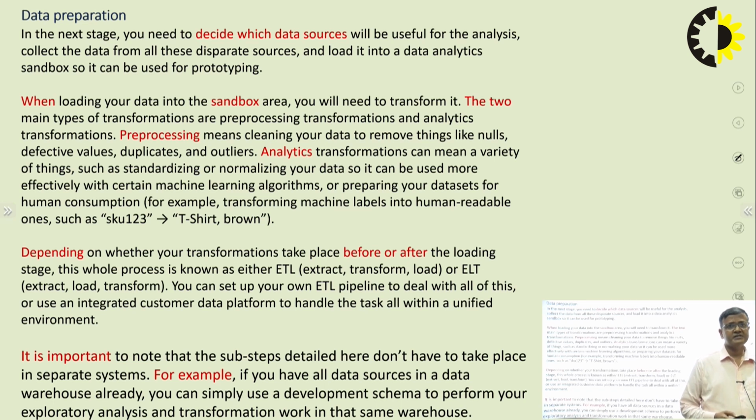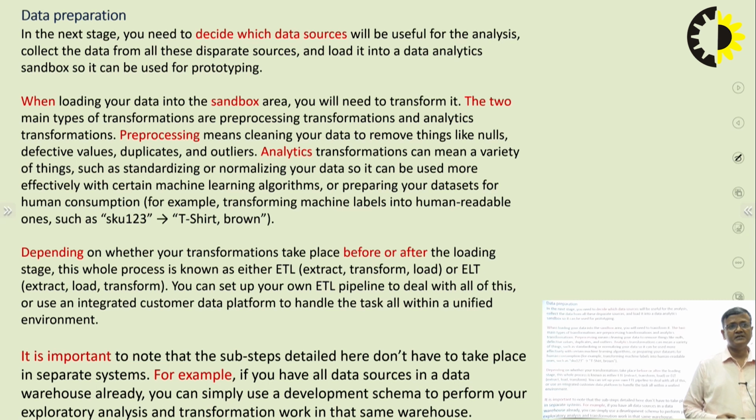Analytics transformations can mean a variety of things, because analytics, as we know, comprises both data science and data engineering. Analytics transformations can mean standardizing or normalizing your data so it can be used more effectively with certain machine learning algorithms, or preparing your data sets for human consumption.